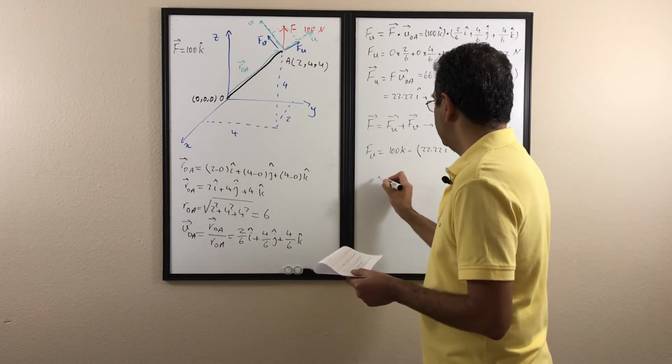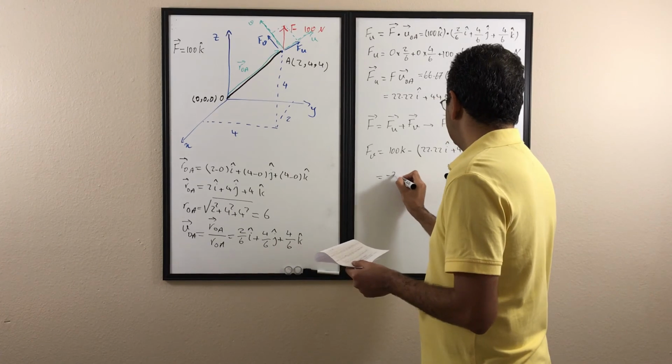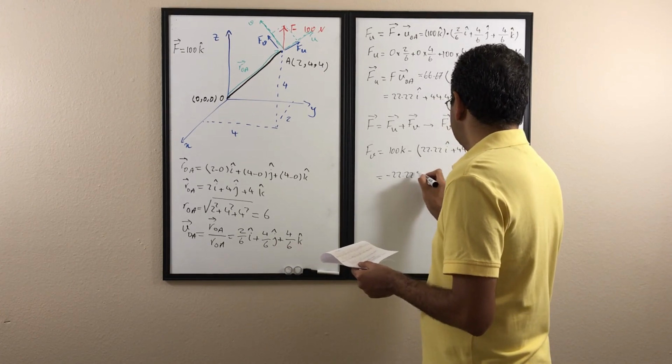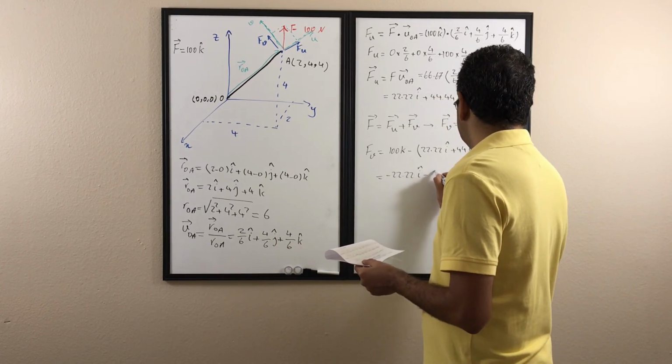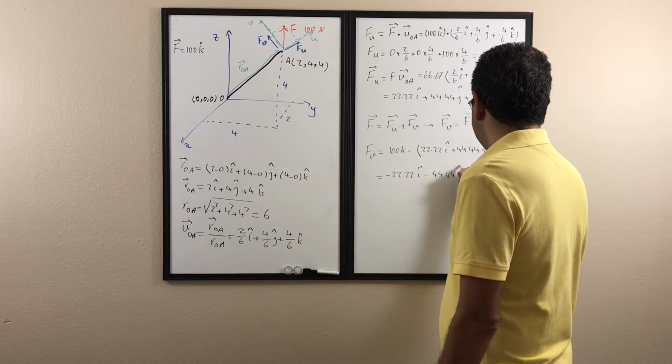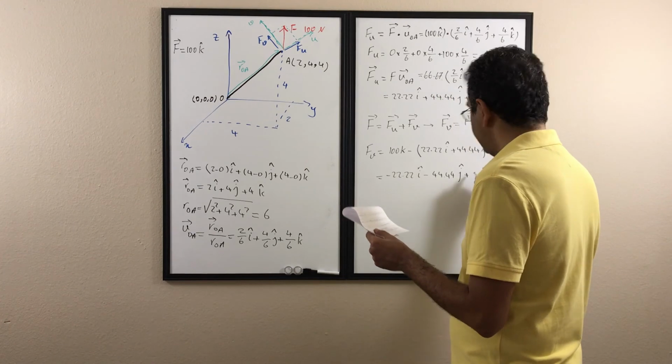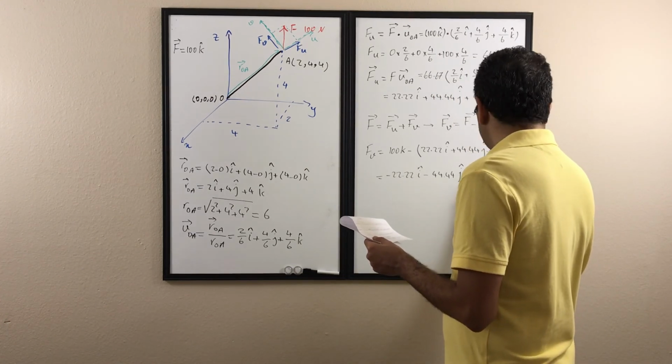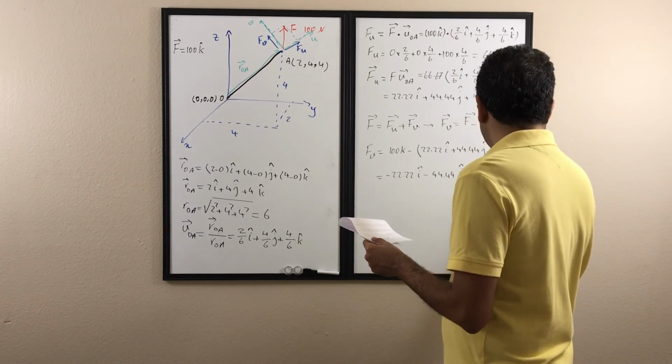So it's going to be negative 22.22I minus 44.44J plus 55.56K.